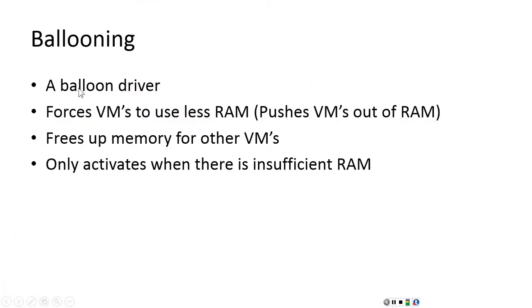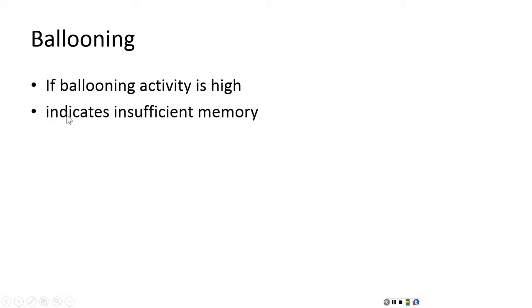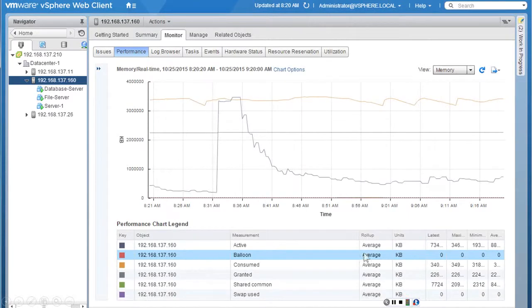A balloon driver is a piece of software that forces virtual machines to use less memory. It pushes virtual machines out of memory. It frees up memory for other virtual machines, and it only activates when there is insufficient RAM. So, if ballooning activity is high, then that indicates insufficient memory. Well, if we look down here at the ballooning activity, we can see that it's 0. So memory utilization might be at 75%, but it's not like we're at a danger threshold. Ballooning is 0, so we're fine.